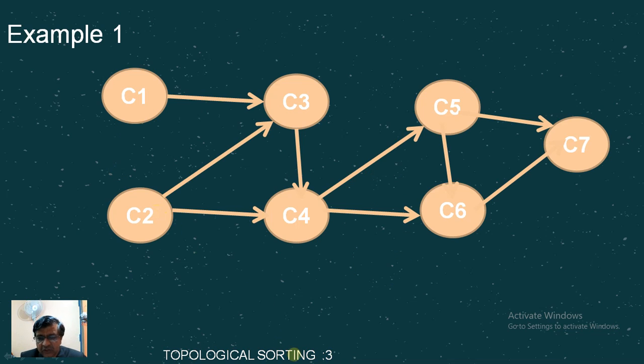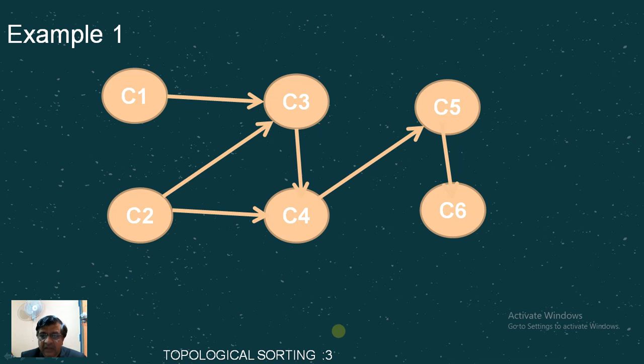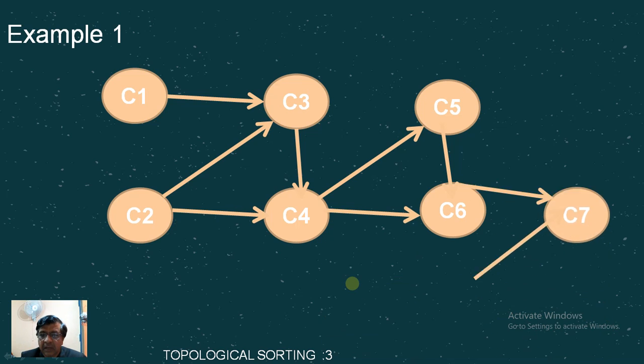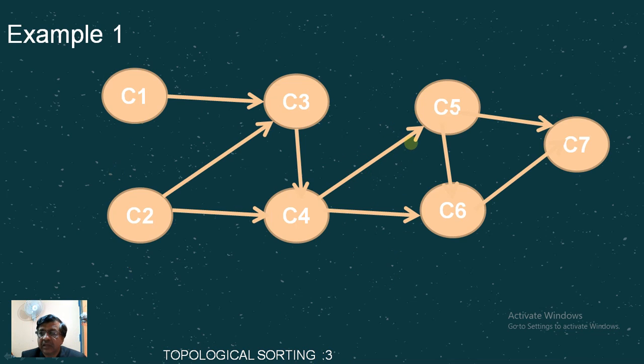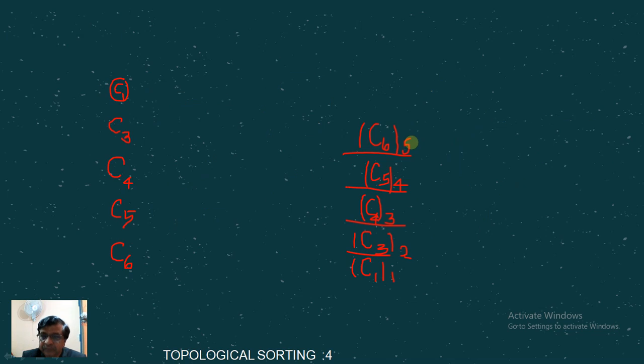And C6 is to be visited next, so C6 will be pushed to the stack. Then comes C7. C7 will be pushed to the stack.